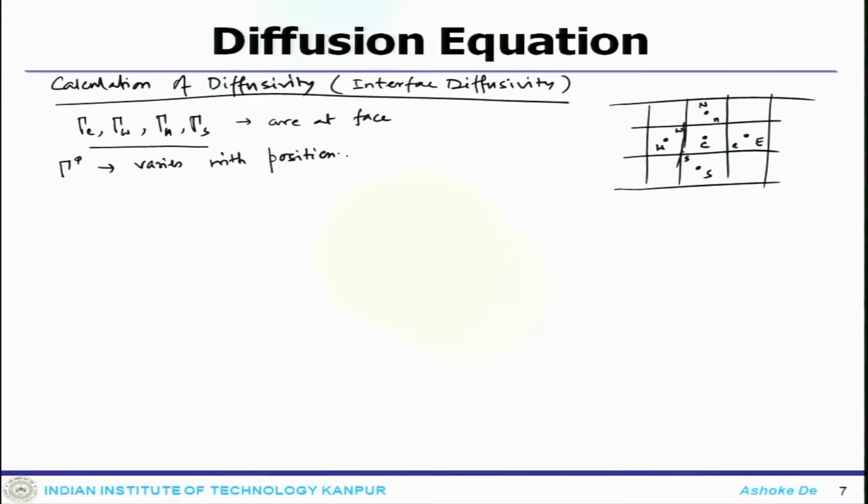And if it varies with position, it will lead you to have different values of gamma at the cell center. So, you can have gamma C, gamma W, gamma E, gamma N, gamma S. So, at the elemental level, along its centroid, you will have different values, when the diffusivity coefficient varies.